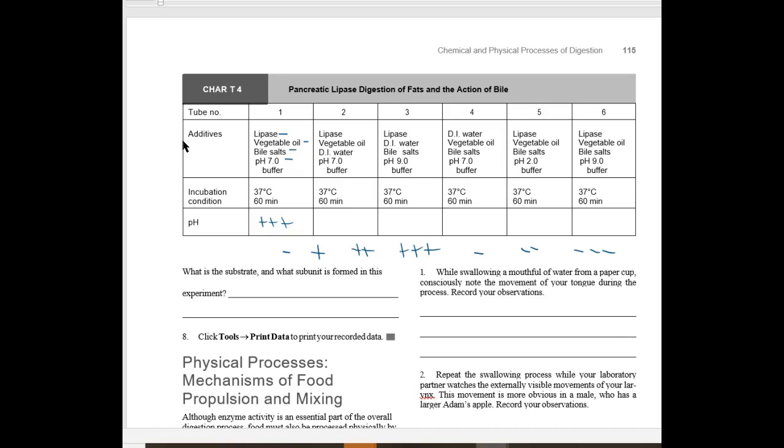Tube number 2, I see water, so something's missing. You've got your enzyme, you've got your substrate, you're at the proper pH, but you are missing your bile salts. And Physio-EX will tell you nothing happens there. I kind of find that hard to believe. There should be some digestion. It's just not nearly as efficient.